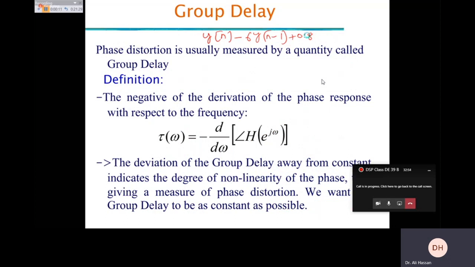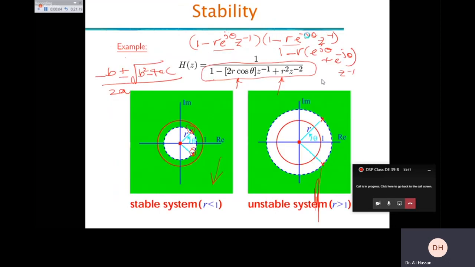So how do we know that if you write a second order difference equation, just look at the coefficient of y n minus 2. If the coefficient of y n minus 2 is less than 1, yes, because it is r square.